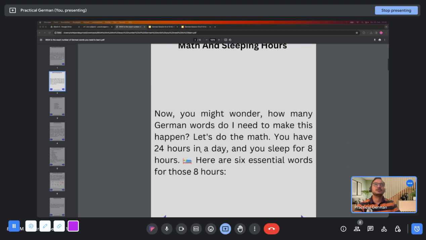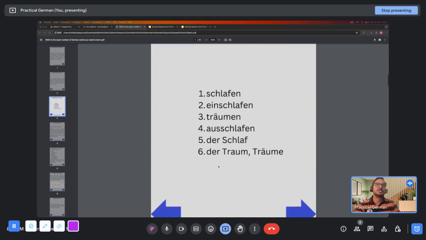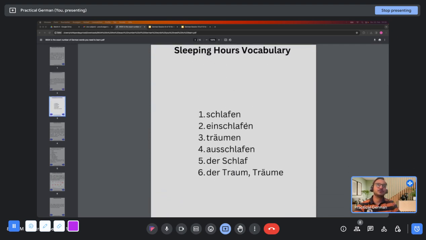Let's see how many words you will need if you want to journal your entire day in German. In a day you have 24 hours, and I hope you are sleeping for 8 hours. For those 8 sleeping hours, I don't need more than 6 words: 4 verbs, schlafen, einschlafen, träumen, ausschlafen, and 2 nouns, der Schlaf and der Traum.